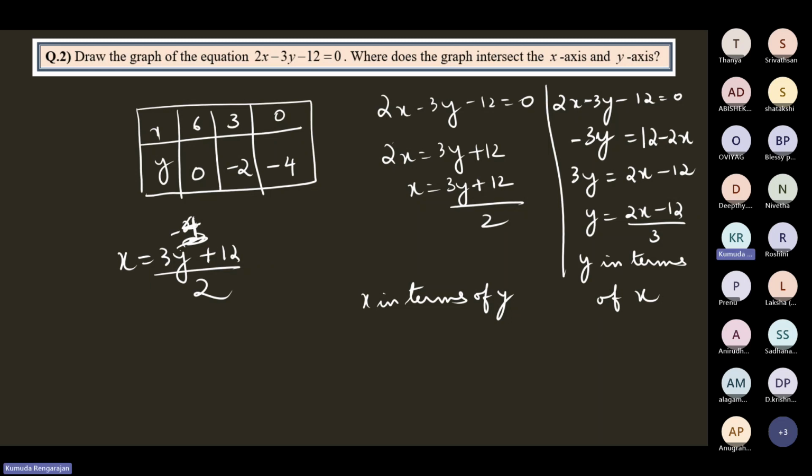Like I told you, don't take y as 2 and find the value for x, and then y as 50, and then y as 100. Then it becomes difficult to choose a scale and plot the points.